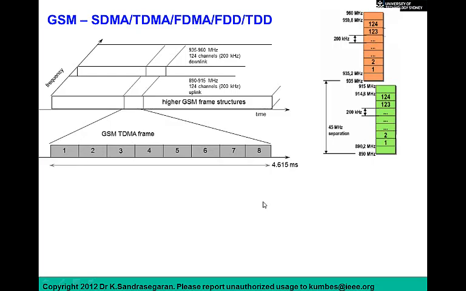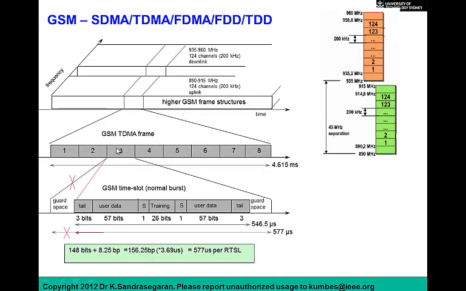for communication purposes. The duration of a TDMA frame, made up of 8 time slots, is 4.615 milliseconds, and within this time frame we have 8 time slots, and each time slot we divide into different parts.